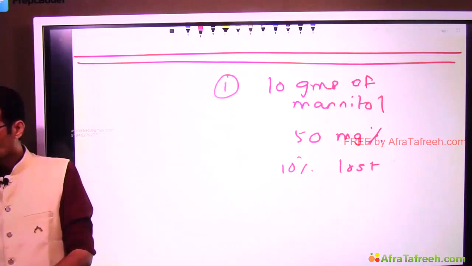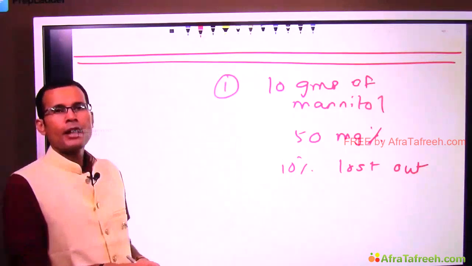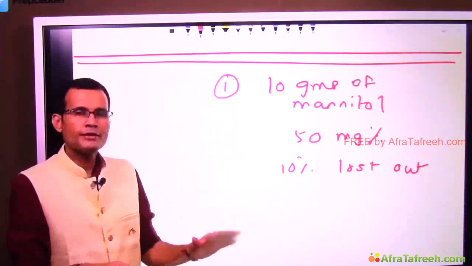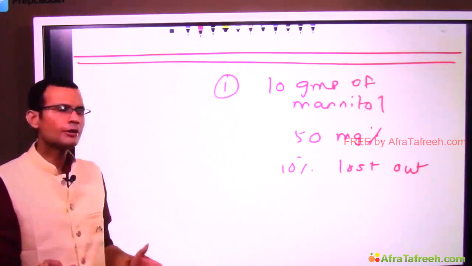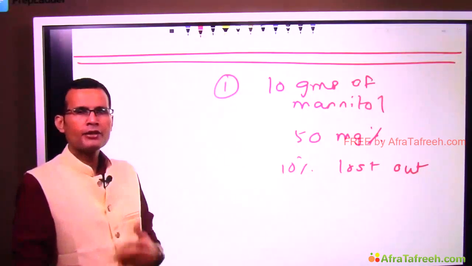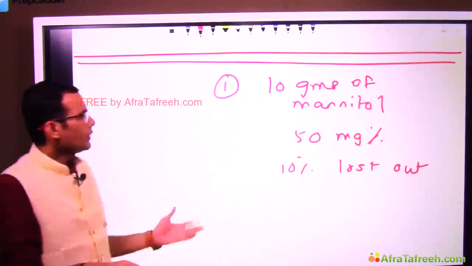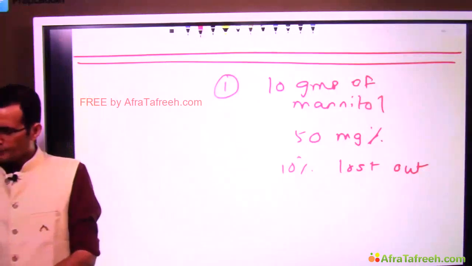So this was excreted out of the body, and this is the data given, and they ask what is the volume of the ECF, or they can ask what is the volume of the interstitial fluid: 5 liters, 12 liters, 15 liters, 18 liters. That's one question which has been asked repeatedly.